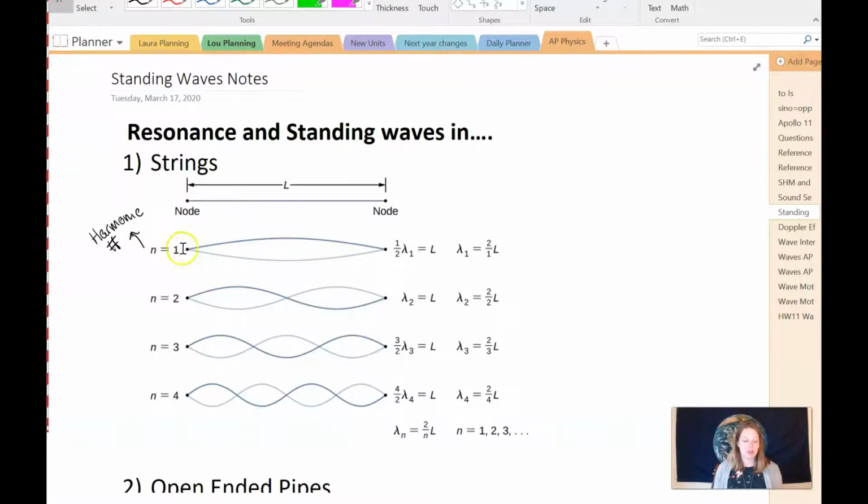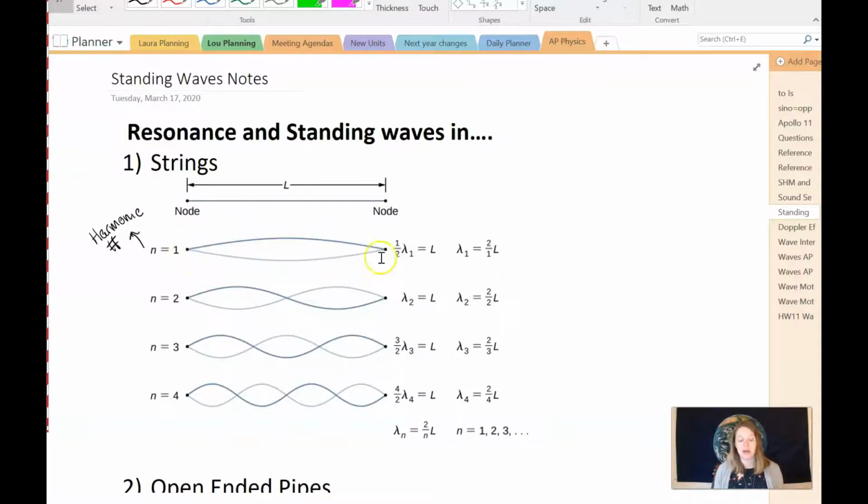So these are discrete, specific numbers of, in the case of a string that's fixed at both ends, half wavelengths that can fit in the length of the string. The harmonic number is the number of half wavelengths that fit in the string, or the number of fundamentals.